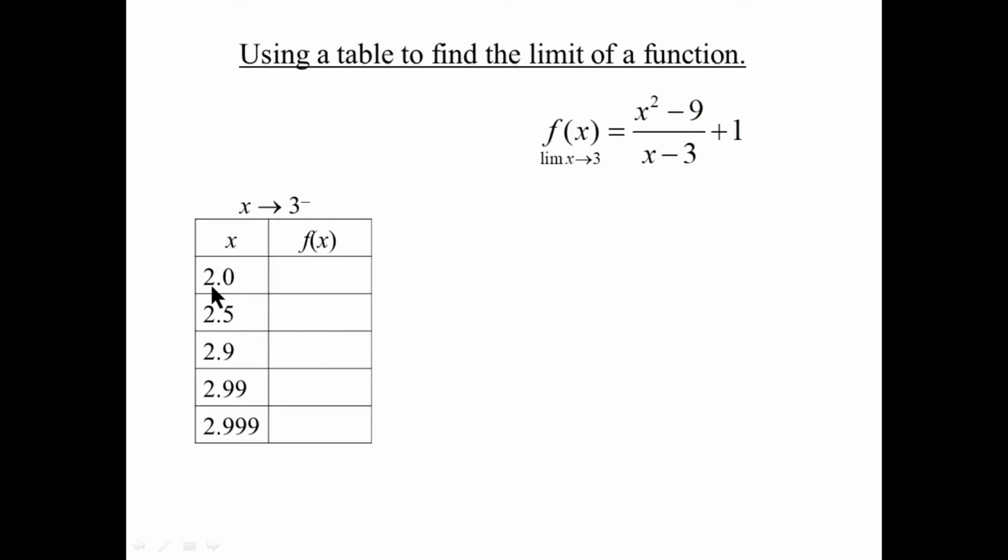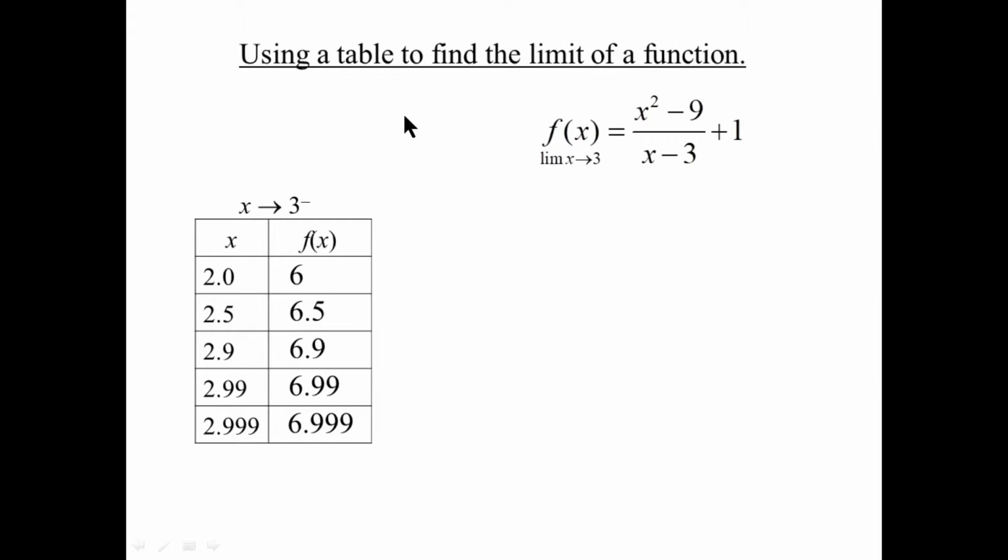And then approaching 3, 2.5, 2.9, 2.99, approaching 3. Taking these numbers and subbing them in here and doing the math, mentally if possible, on a calculator if necessary. We get these numbers, and they seem to be approaching the number 7.